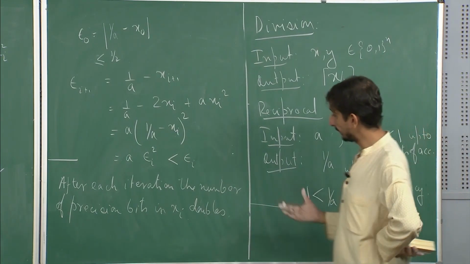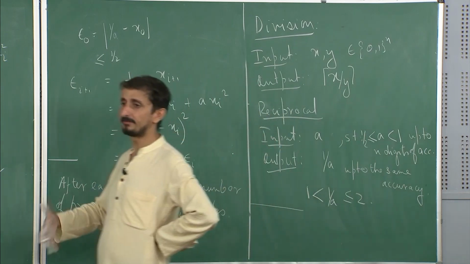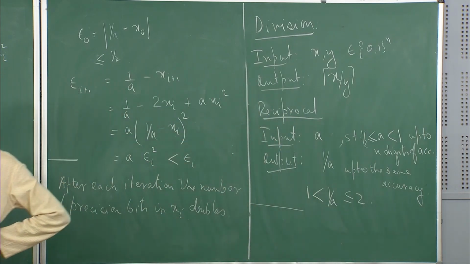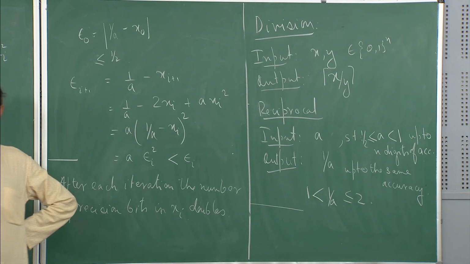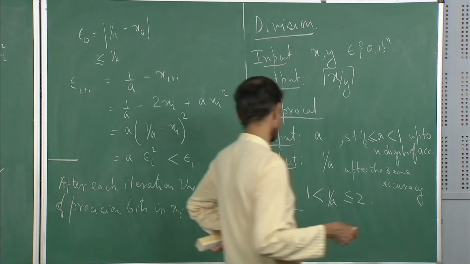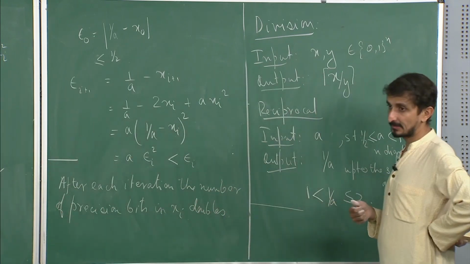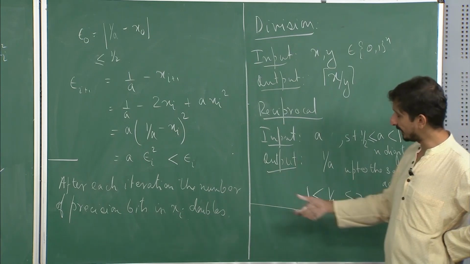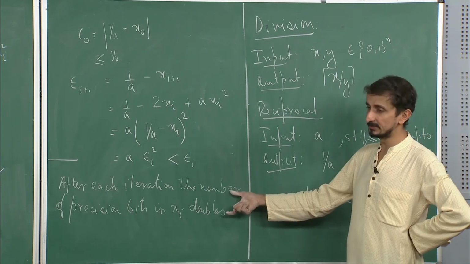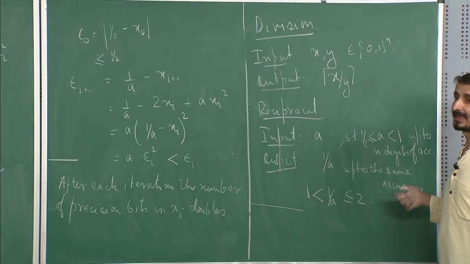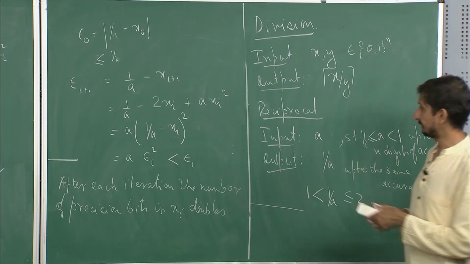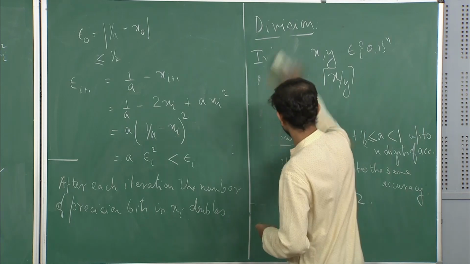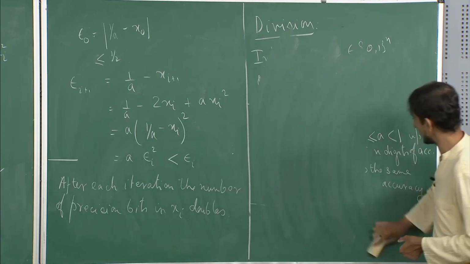If there is a cubic factor, then yes, the number of bits will triple. Exactly. So we only need log n many levels to get to an accuracy of n. That is exactly how it works.